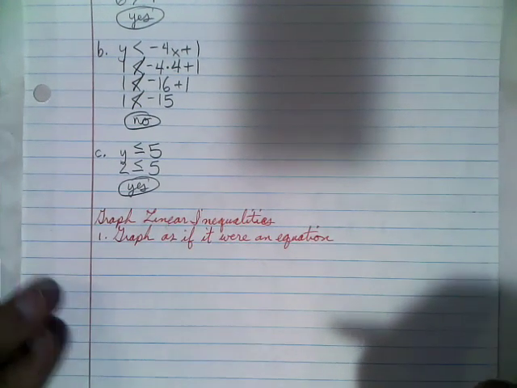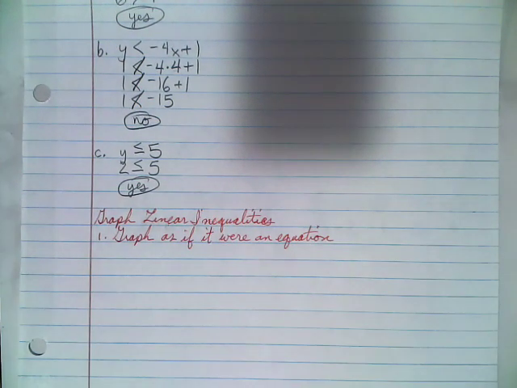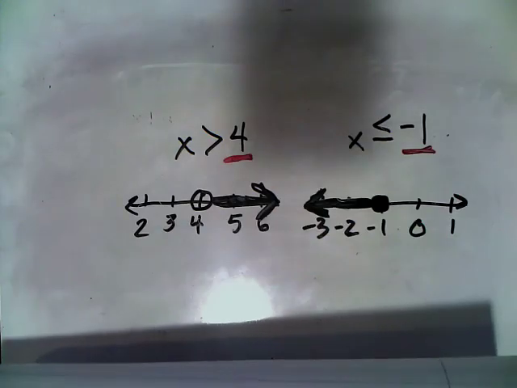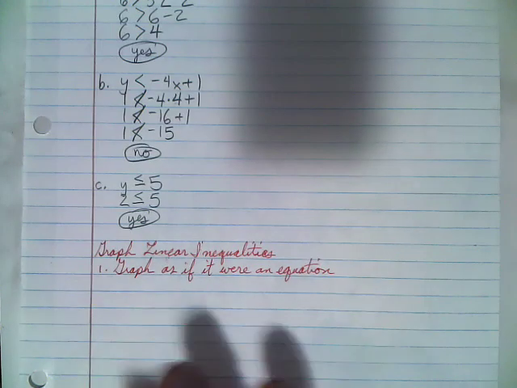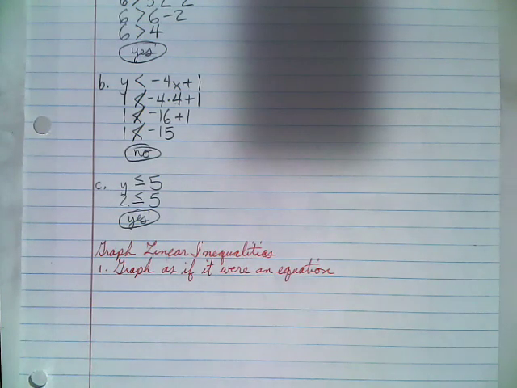So if you take your inequality and you graph it as if it were an equation, that's going to give you your boundary line. So whereas over here we had a boundary number, now we're going to have a boundary line that will separate solutions from non-solutions.